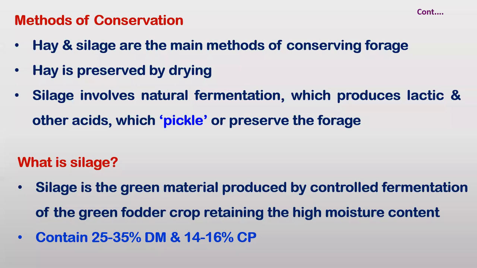After hay, silage is one of the most important methods of conservation, and it involves natural fermentation. We should maintain the natural fermentation process of the green material, and during fermentation it produces lactic acid and other organic acids as well.